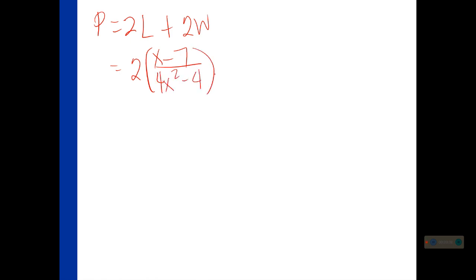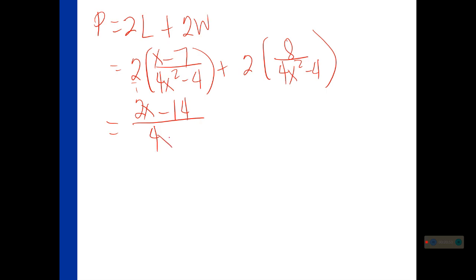Again, perimeter equals 2 times length plus 2 times the width. So, we have 2 times our length, x minus 7 over 4x squared minus 4, plus 2 times the width, x over 4x squared minus 4. Then, since this is over 1 again, you will have on the numerator 2x minus 14 over the denominator plus 16 over the denominator.